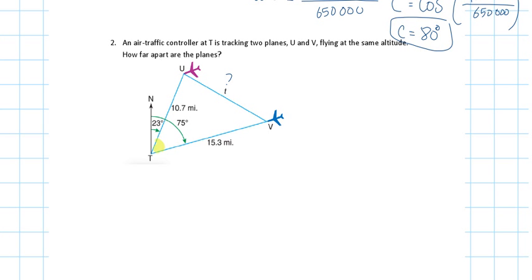This angle T is the 75 degrees minus the 23, right? Do you understand that part? Good. So I know that this angle here is 52 degrees.